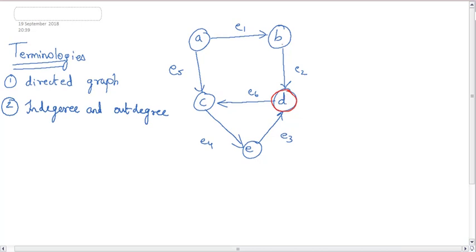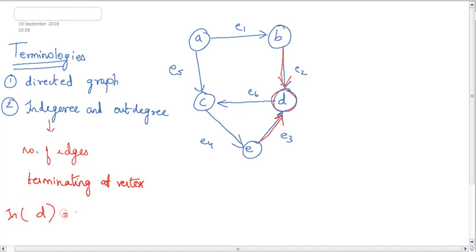The edges that end at D. You can see two edges ending at D, that is E3 and E2. So that is the in degree, which is the number of edges terminating at a vertex. If I take vertex D, the in degree of vertex D is going to be 2.